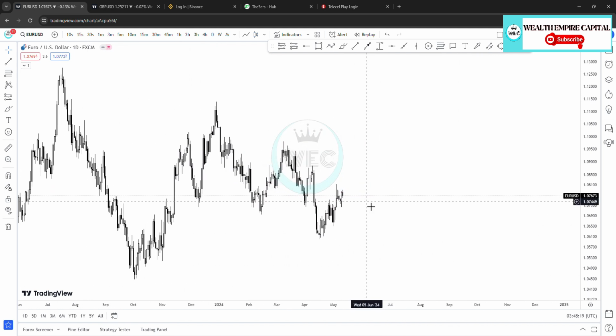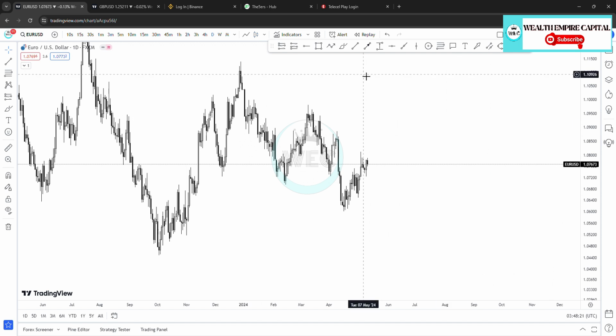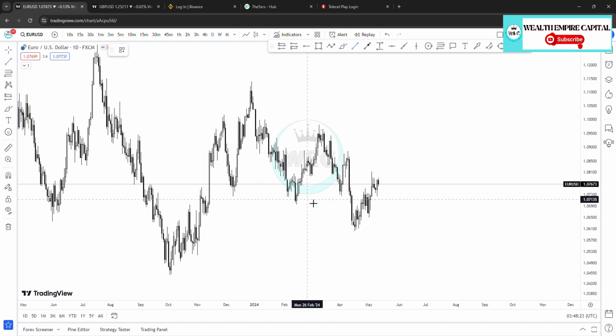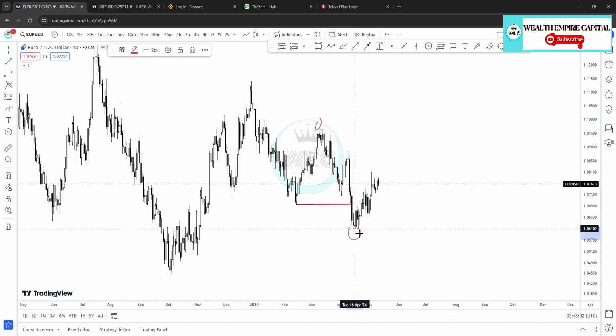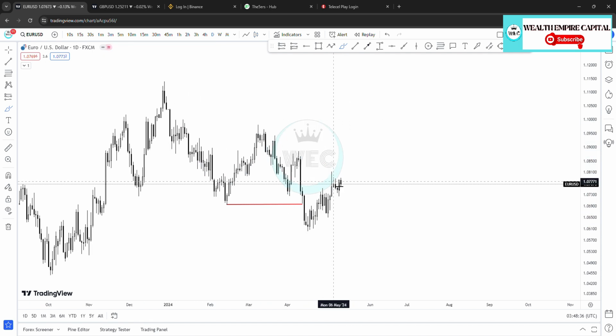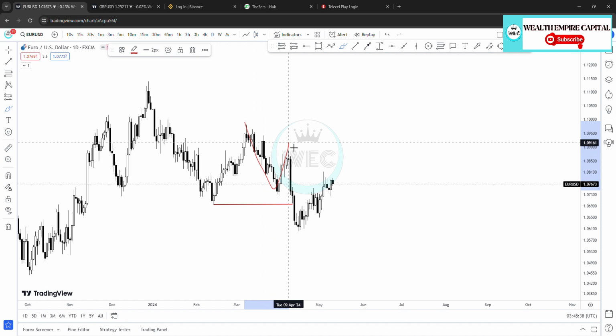Very simple. So here on the daily time frame, I just want you to see this. We have this beautiful break of structure to the downside over here. It means that we are looking at a high that created this low. But within this swing leg, we also have this internal 1 2 3 move.